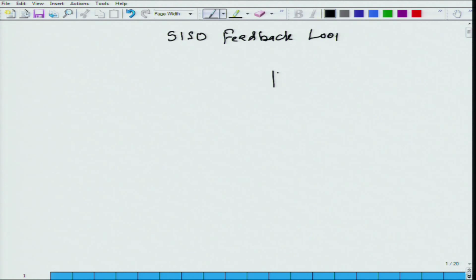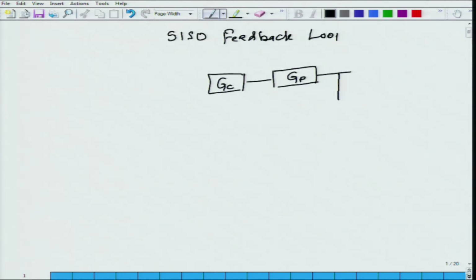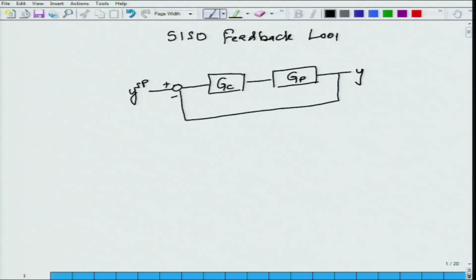So you have your process, it has a transfer function Gp, you have a controller, it has a transfer function Gc, and the output is compared with its set point, negative feedback, and that is it. That is your single input single output control loop, and this is called the error, this is the control input, and of course, that is the output.